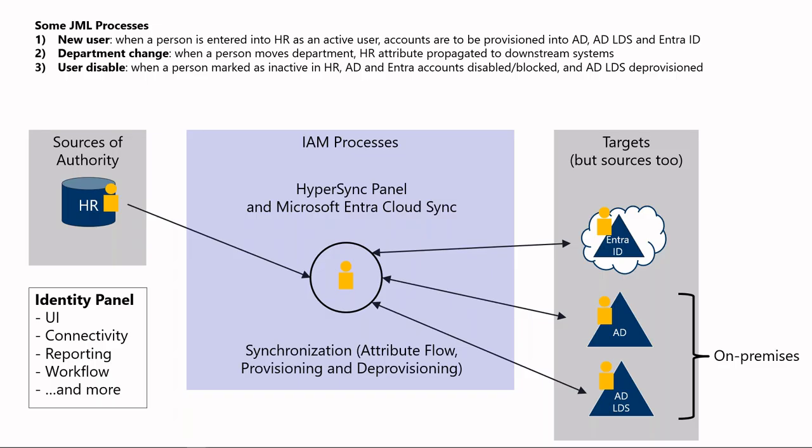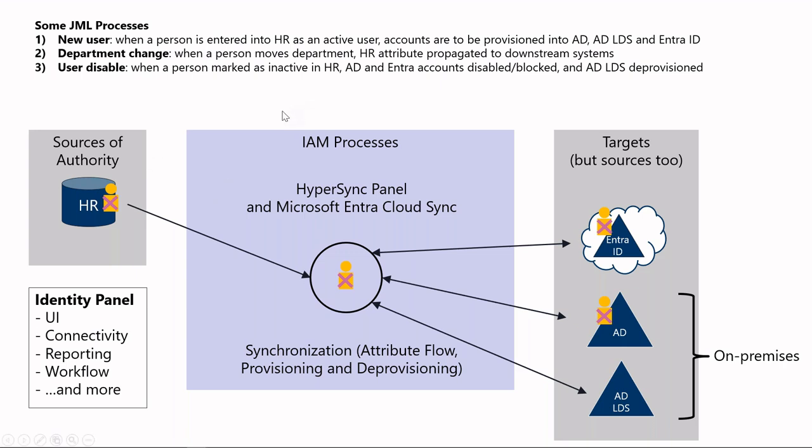Next, we might have a user that's put into an inactive state, disabled. It could be that they've been temporarily suspended. There could be all sorts of reasons for it. So we've marked them in the HR system, and we want to make sure that their account in AD is disabled, their account in Entra ID is disabled, and actually we'll remove their account entirely from ADLDS.